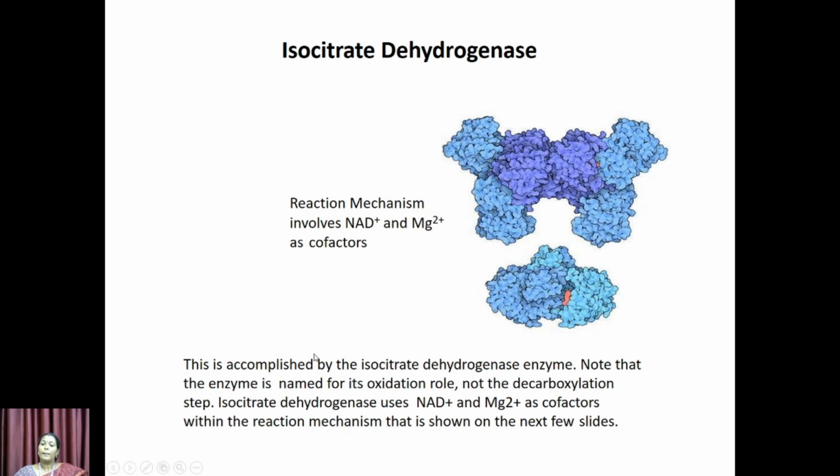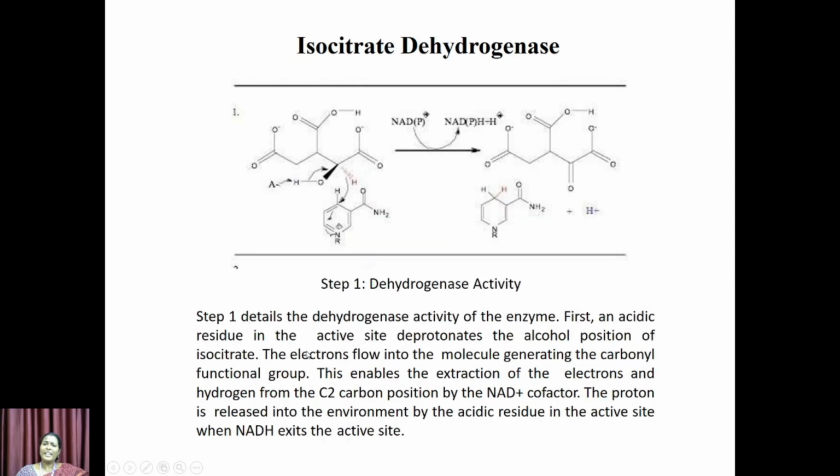which is shown in the next few slides. Isocitrate dehydrogenase. Step 1 details the dehydrogenase activity of the enzyme. First, an acidic residue in the active site deprotonates the alcohol position of isocitrate. This is a carbonyl functional group.